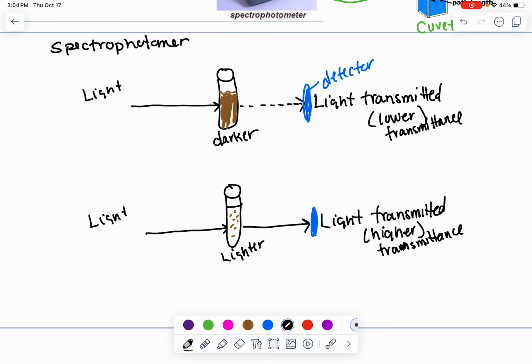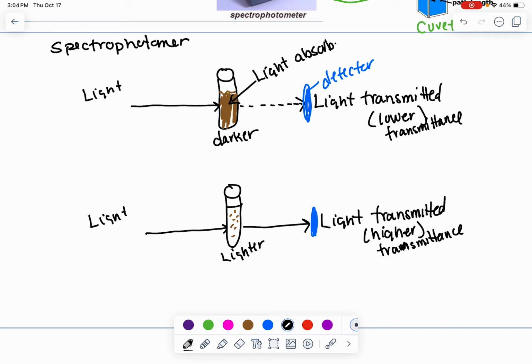But the opposite of transmittance is something that we call absorbance. So let me do that in a different color here. I'll just do this. So if less light is transmitted through, some of the wavelengths of light are absorbed.